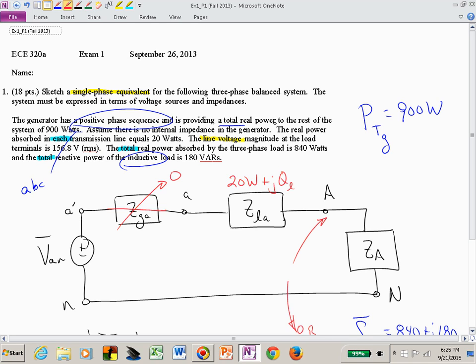So here there should be a power factor of the generator, and it says it's 0.949 lagging. Now we have a little bit more to work with.